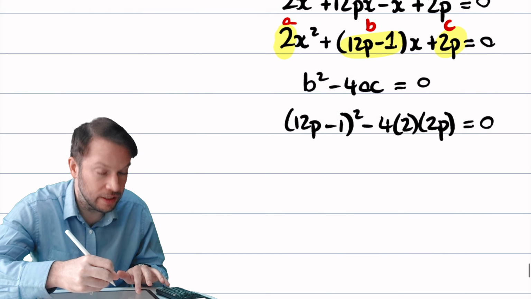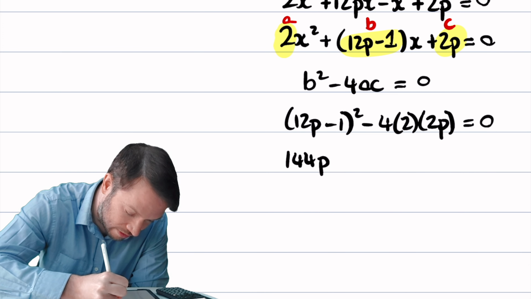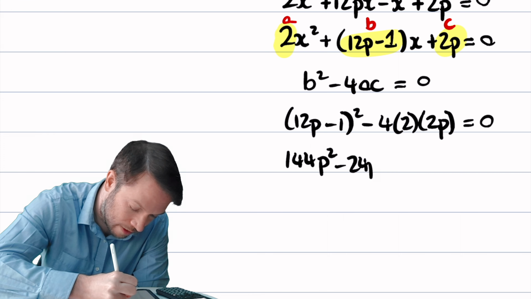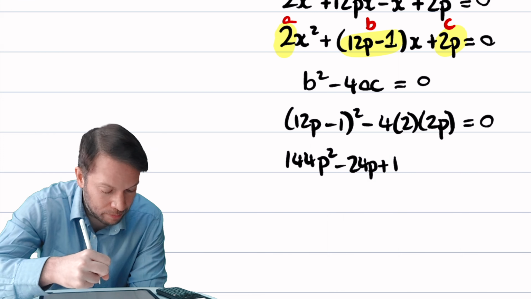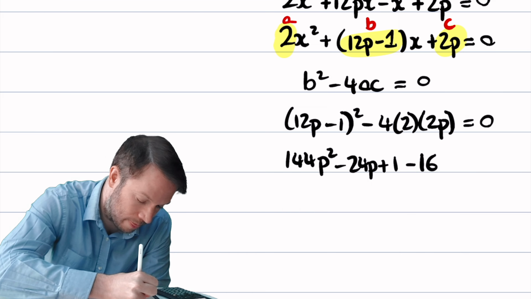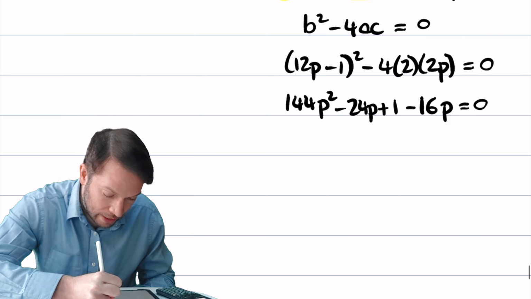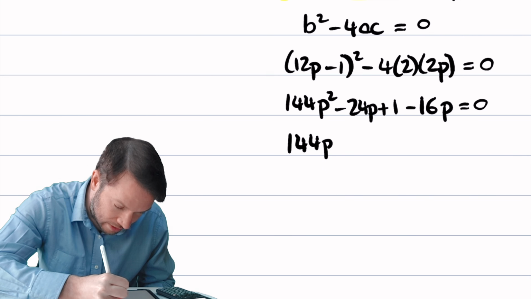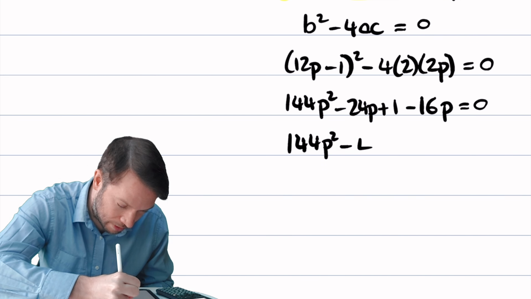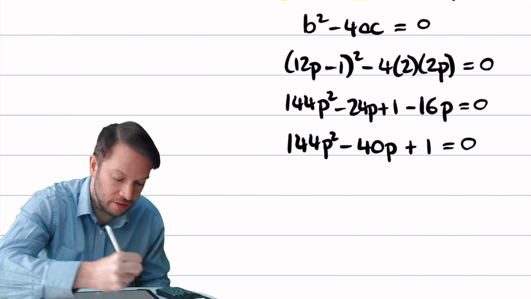And then let's expand and simplify this. So we're going to have 144p squared minus 24p plus 1, that's the squared bracket, and then minus 16p equal to 0. Then that's going to be 144p squared minus 40p plus 1 is equal to 0, if we collect like terms.